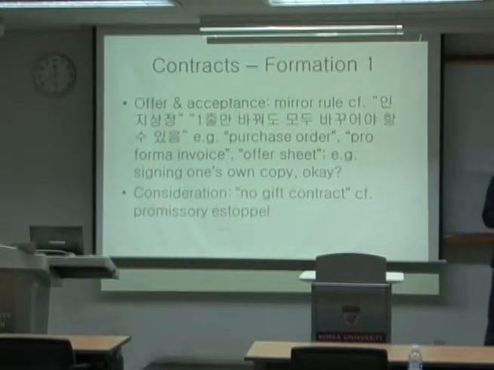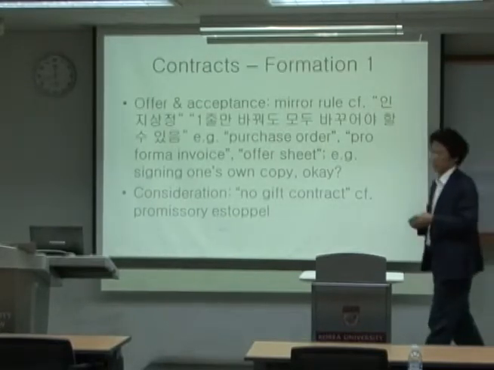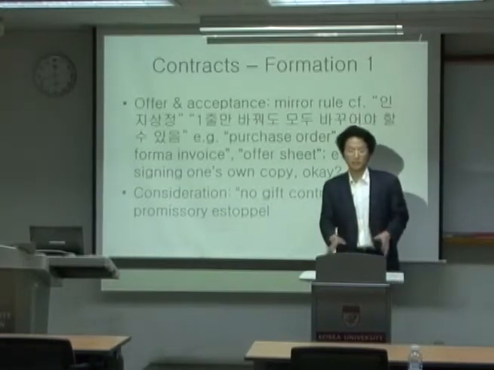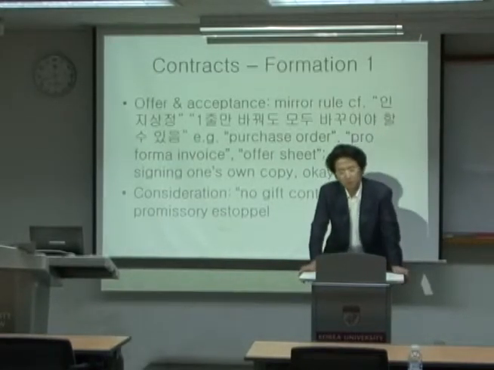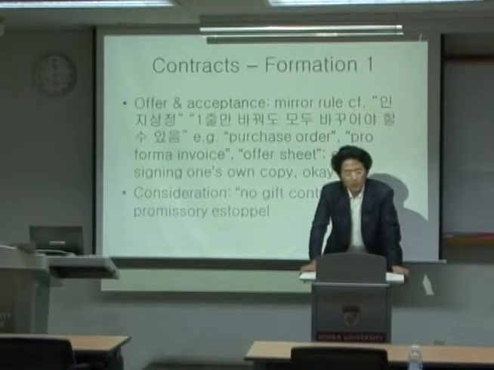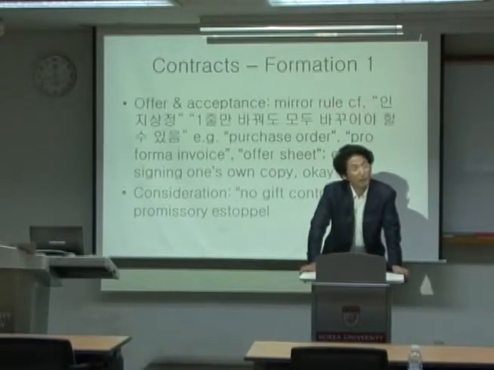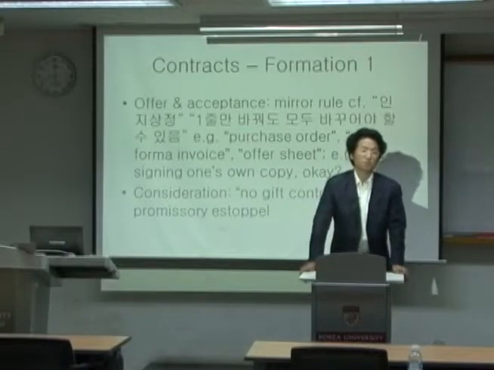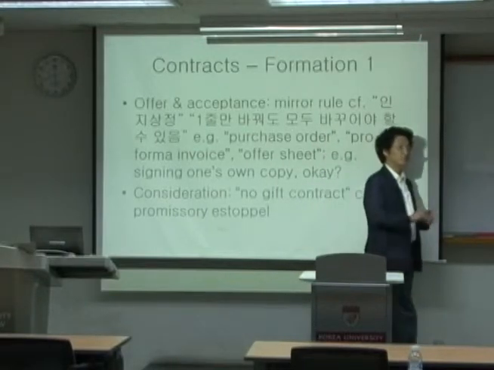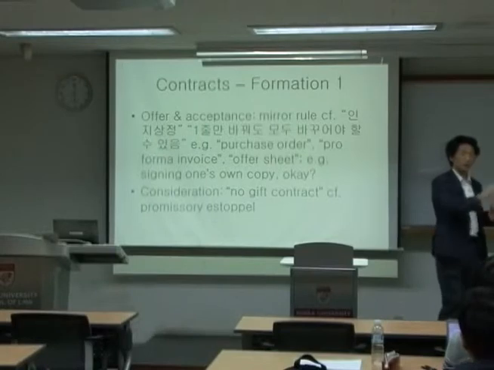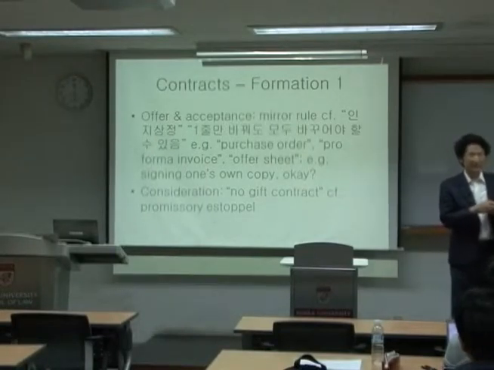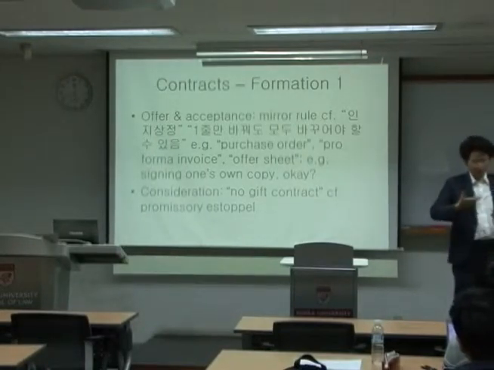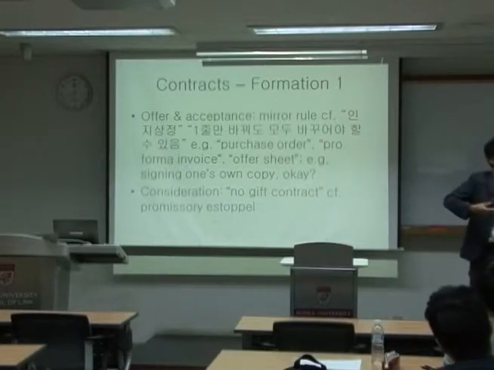Okay? Now there are times, this has really happened, and this may happen sometimes. What if each side signs his or her own copy, but not on the same document? For instance, I signed something and sent it over, and of course I made a copy and I'm keeping it.